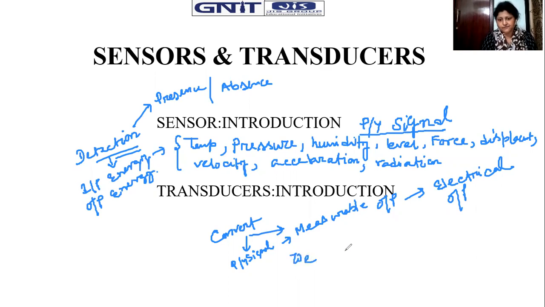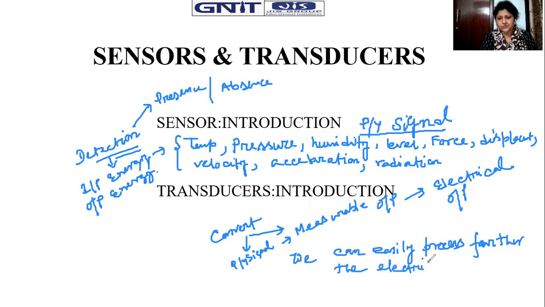So the transducer has the sensor as its primary sensing element, and the output of the sensor is sometimes not measurable.